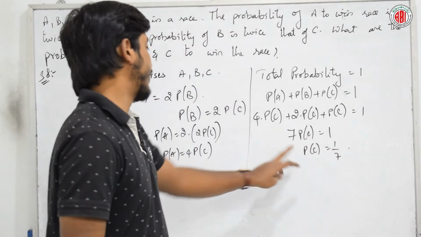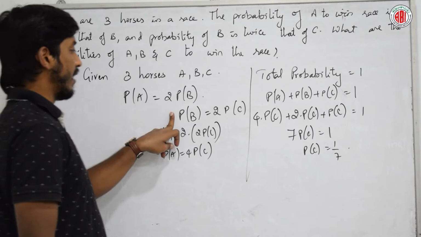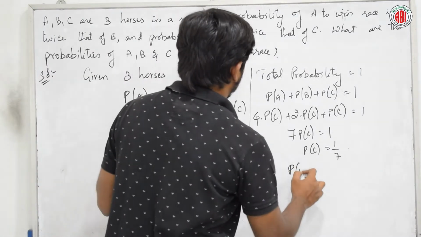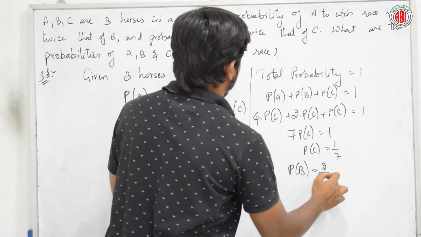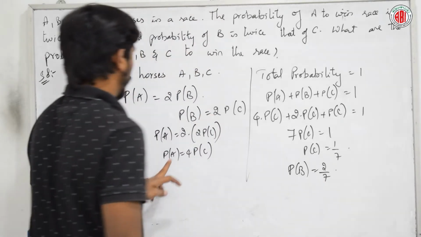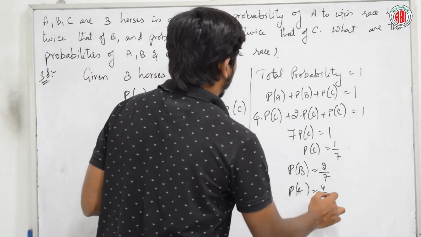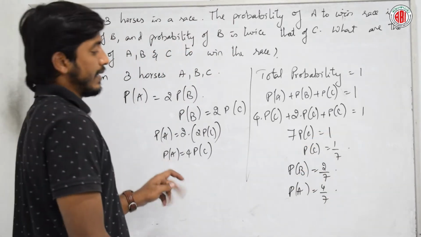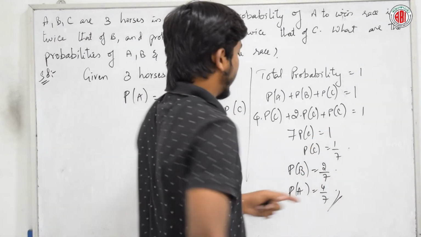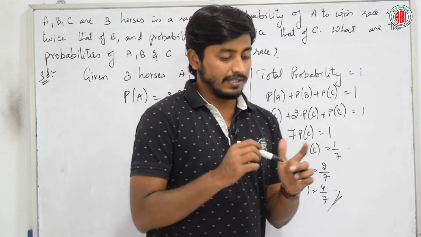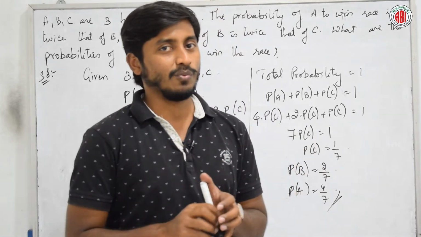We got P of C. Can I write P of A and P of B? Obviously. P of B here is 2 into 1 by 7, which is 2 by 7. P of A is 4 into 1 by 7, which is 4 by 7. So, we can simply write 4, 5, 6, 7, 7 by 7, again total probability is 1.